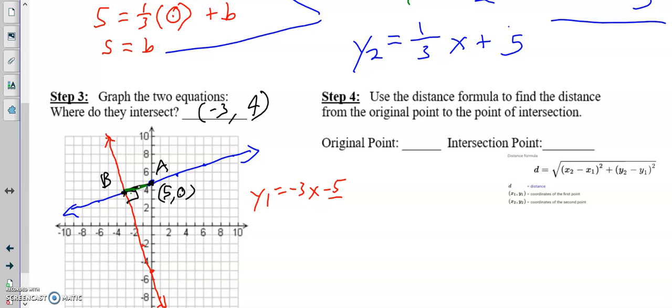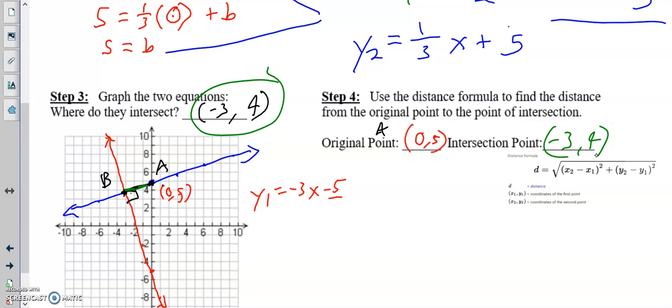So our original point, saying just A, sorry, it was 0, 5, and our intersection point is negative 3, 4.